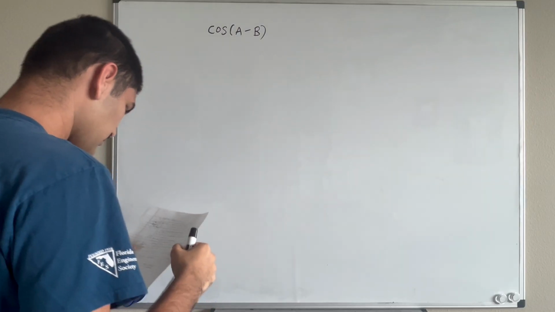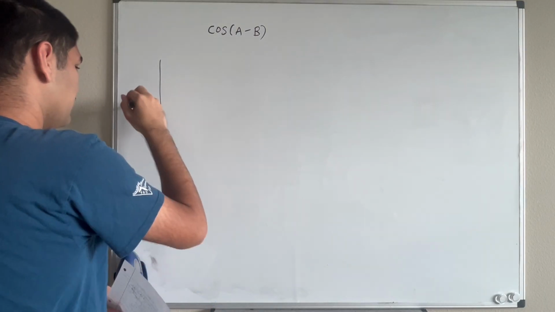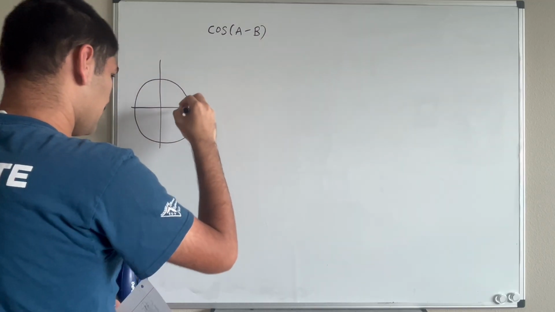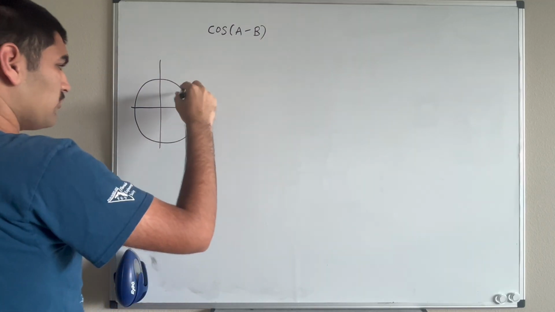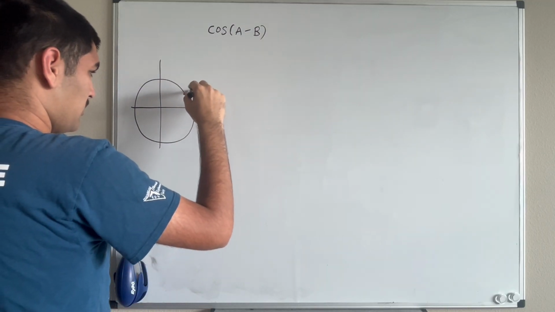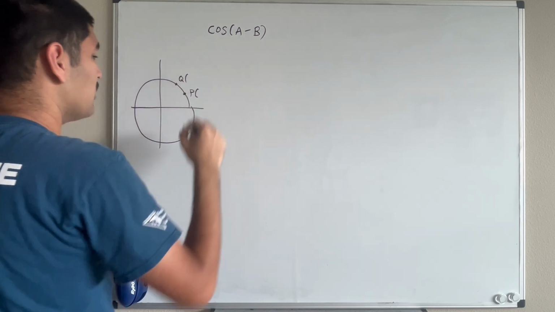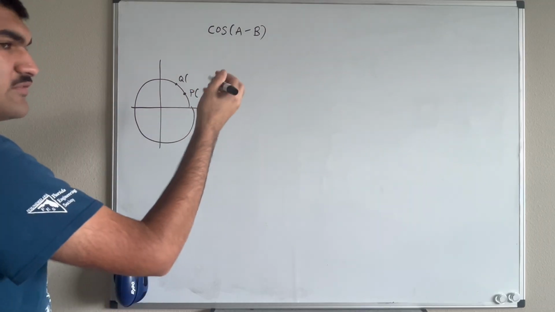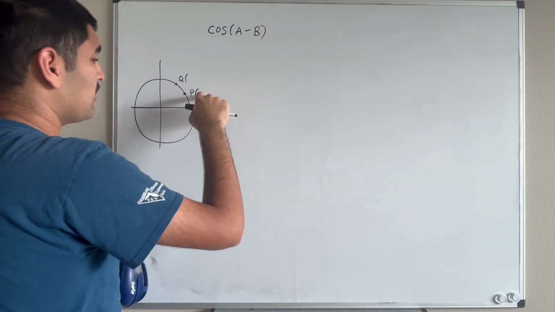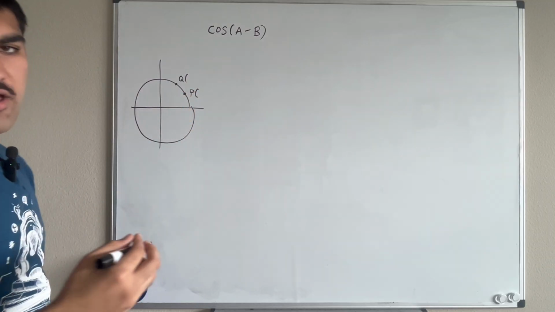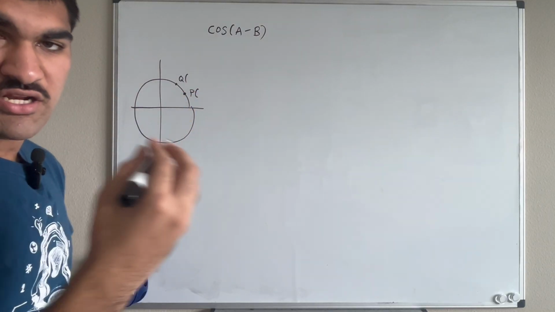To begin with, let's look at the unit circle. Suppose we have 2 points on the unit circle, point P and point Q. We know from a few videos ago that we can rewrite the coordinates of a point on the unit circle as cosine theta, sine theta.